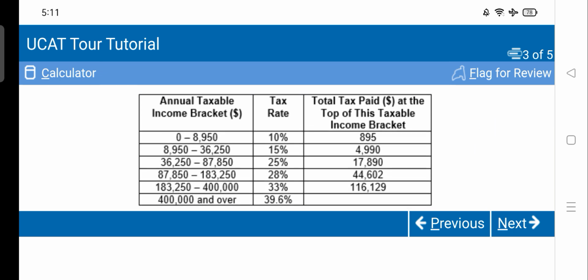So the first column we have is the annual taxable income bracket in dollars. Next is the tax rate. And the next one is the total tax paid at the top of this taxable income bracket.